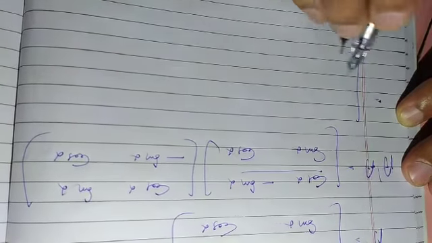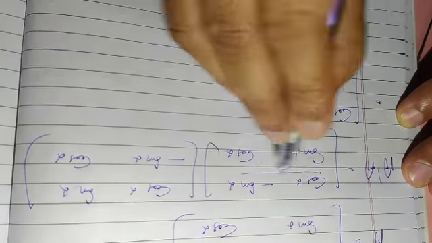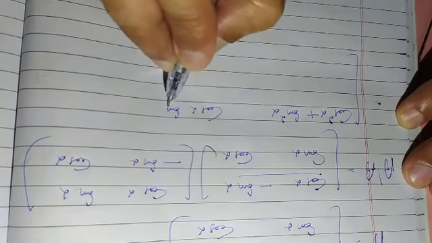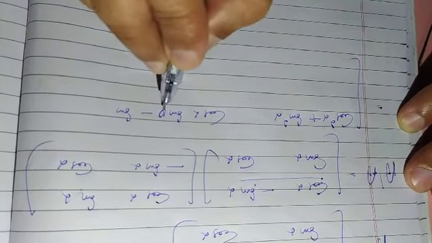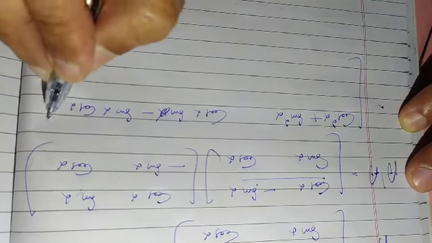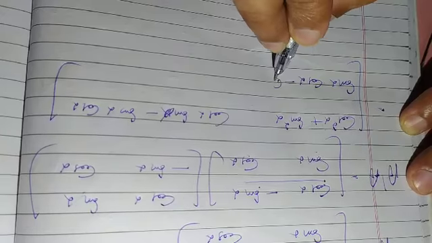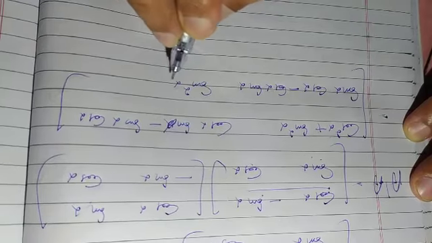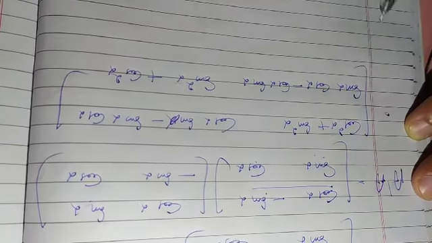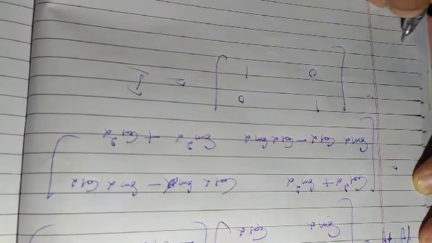First row, first column: cos square alpha plus sin square alpha. Cos alpha sin alpha minus cos alpha sin alpha. Taking the second row: minus sin alpha cos alpha plus cos alpha sin alpha, and sin square alpha plus cos square alpha. We get 1, 0, 0, 1. This is the identity matrix of 2 by 2.